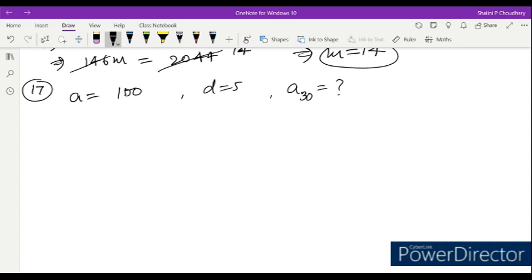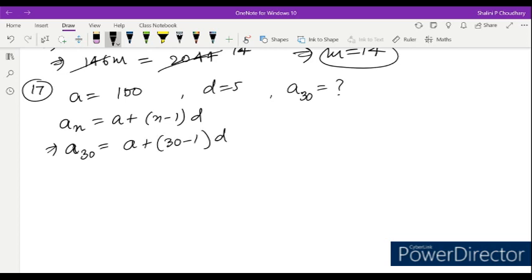Okay, so as we know that An is equal to A plus (N minus 1)D. So A30 will be equal to A plus (30 minus 1) into D. That will be equal to, the value of A is 100, we'll write here 100 plus 30 minus 1 will be 29, and the value of D is 5.